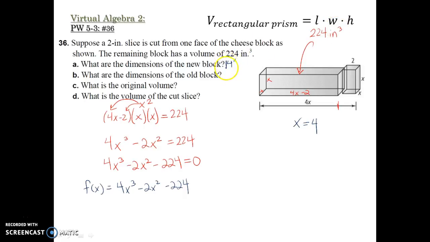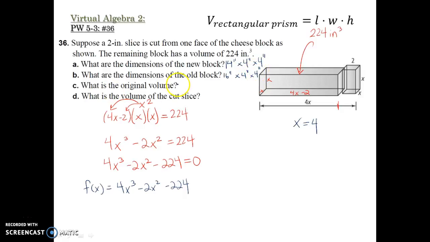That's going to be 14 inches for the length by 4 inches for the width by 4 inches for the height. The old block was just 4x as the whole length. So the dimensions of the old block are 4 times 4 is 16. 16 inches by 4 inches by 4 inches.